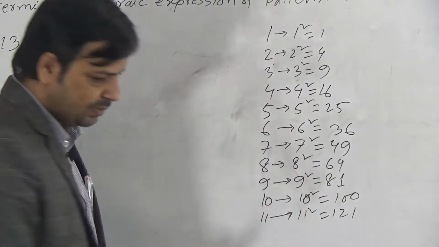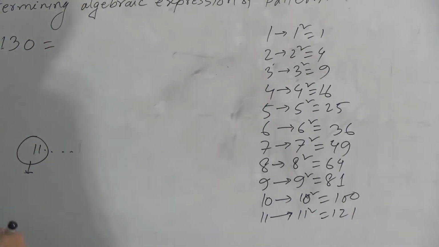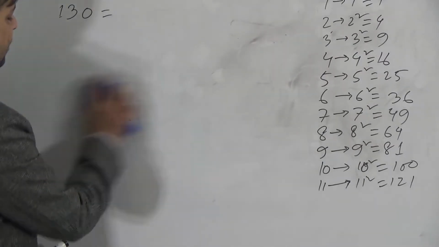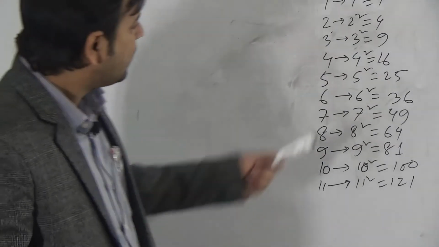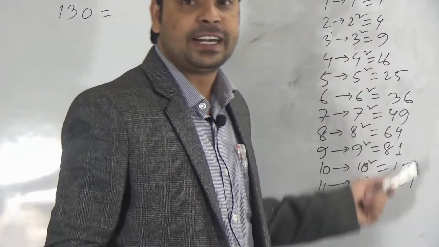If we take 12 square, that will be 144, and as 12 is larger than 11, no need to take 12 square. Now see, all these are perfect square numbers.